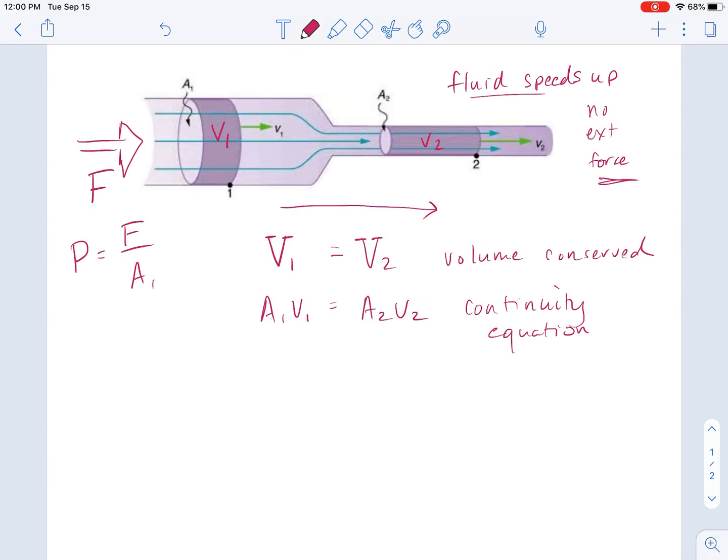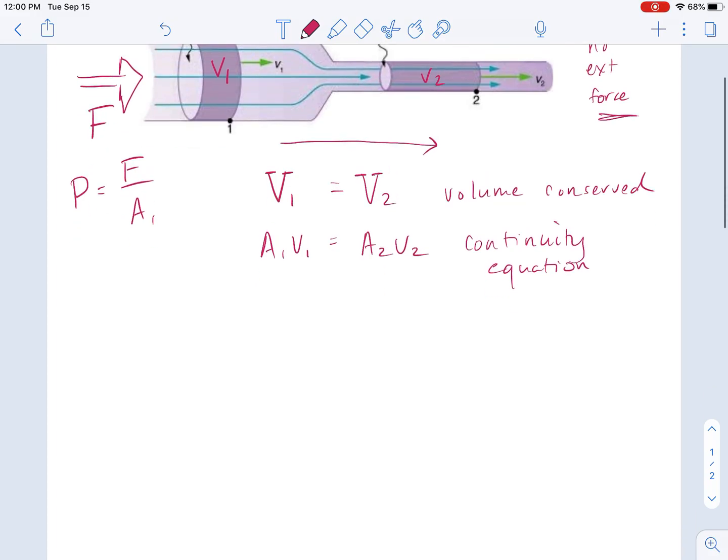So again, the fluid speeds up because of a drop in pressure.